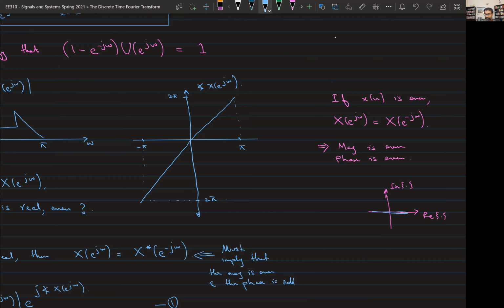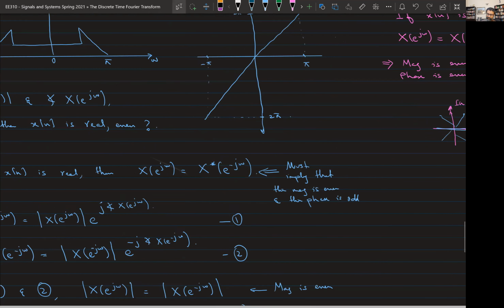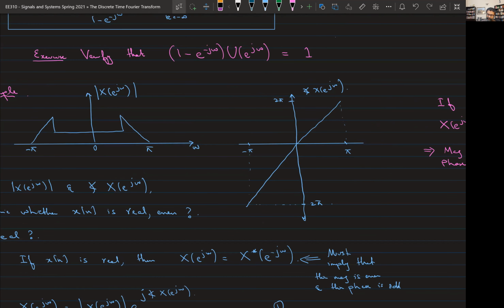But if the phase is non-zero, it resides somewhere else in the plane. And clearly this phase is not zero. Is that clear, Umar? Yes sir. Okay.